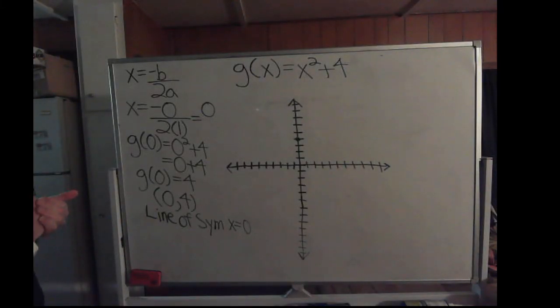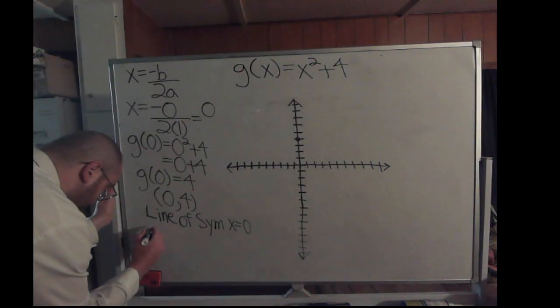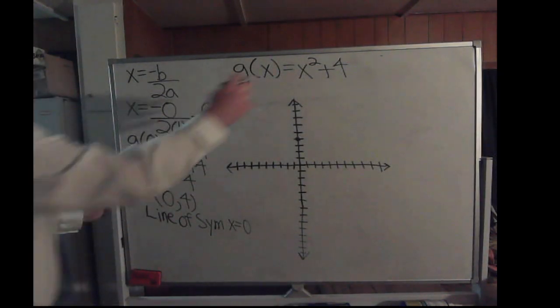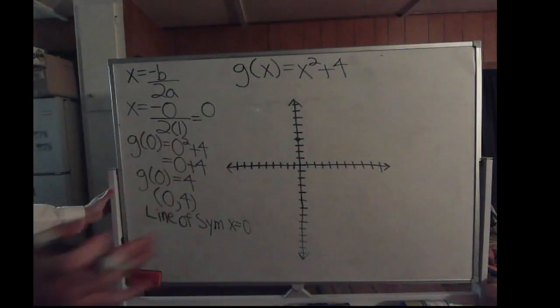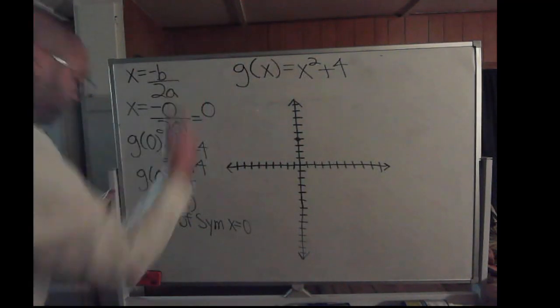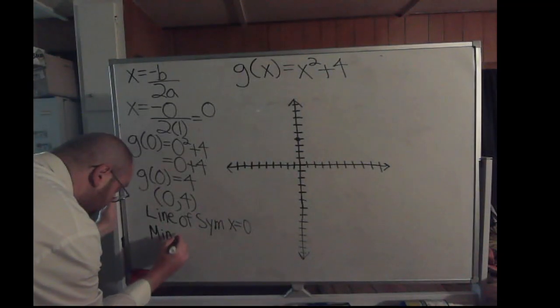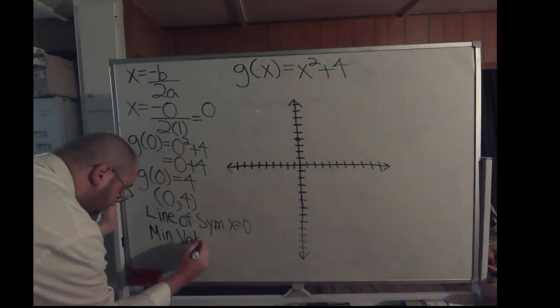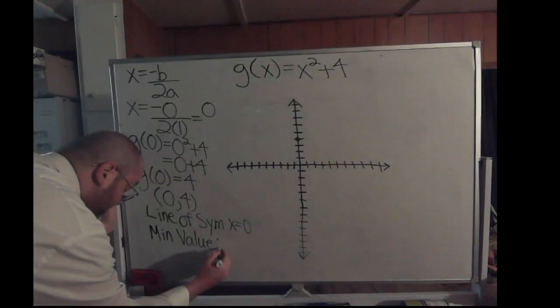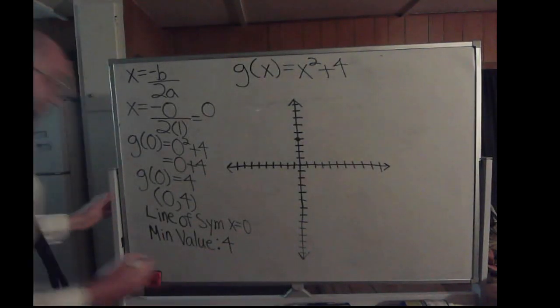Now, we also want to find the minimum value of the function, which is going to be the value of g of 0 equaling 4. Since the coefficient on the x squared term is positive, this graph is going to open upward, which means the vertex is your minimum value. So the minimum value for this function is going to be 4.